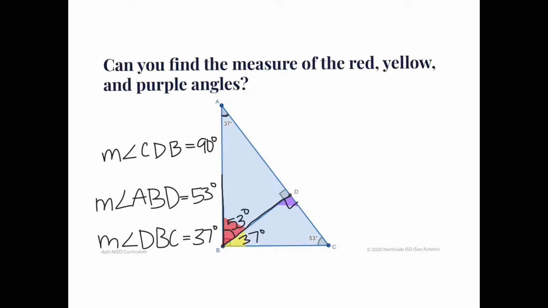Okay, now I'm seeing that we have 3 triangles and all of them have the same angles. We have a 90-degree angle, 37-degree angle, and a 53-degree angle. That means that we have 3 similar triangles.